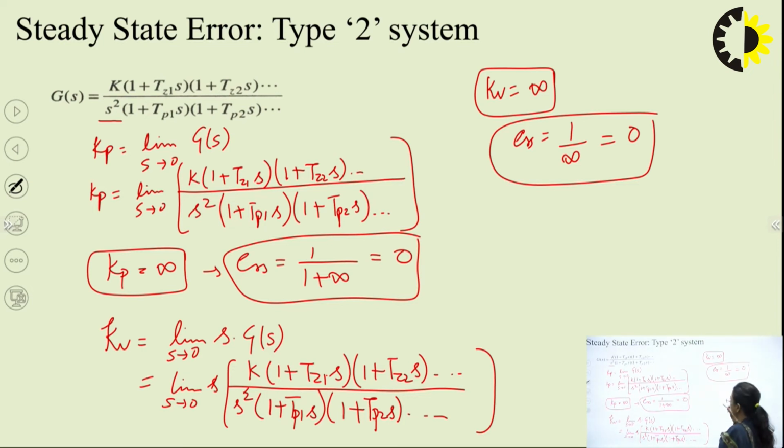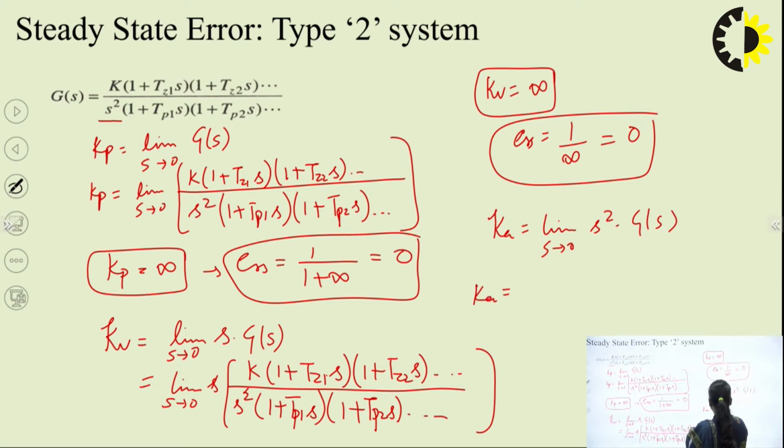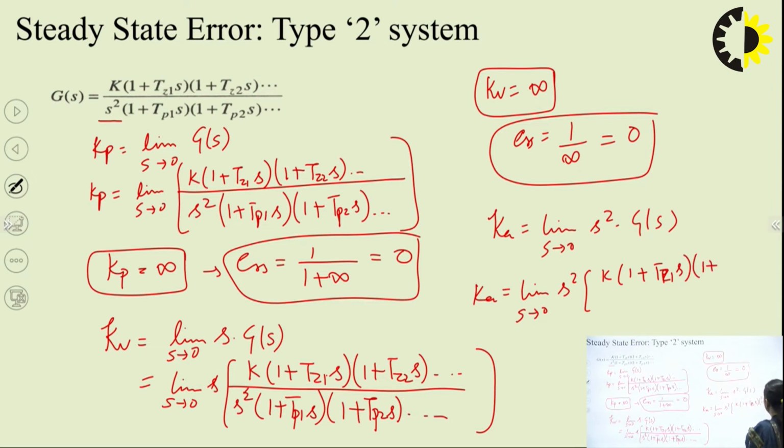for type 2 system. Now Ka will be limit s tends to 0 of s square into G(s). Now here when I am putting the value of G(s) in this equation, that means K into (1 plus Tz1 into s)(1 plus Tz2 into s) and so on, upon (1 plus Tp1 into s)(1 plus Tp2 into s) and so on.